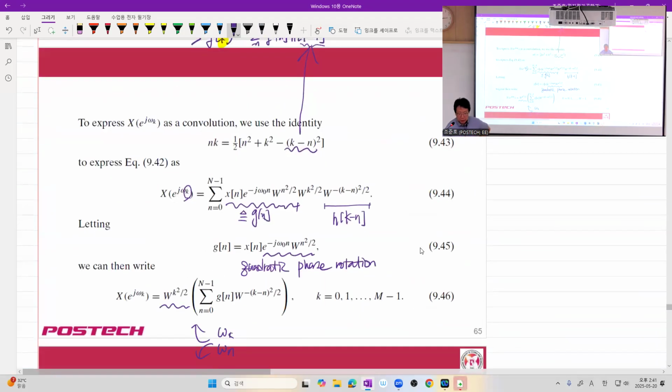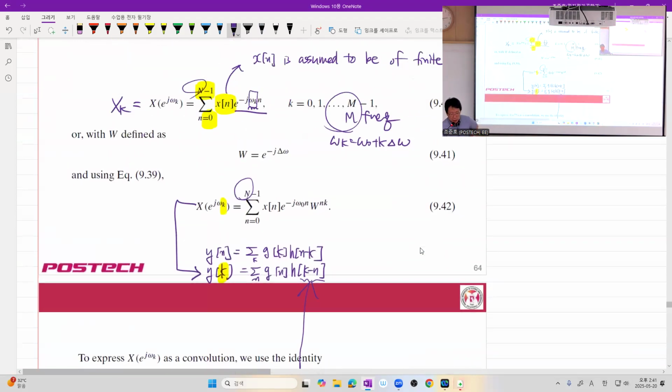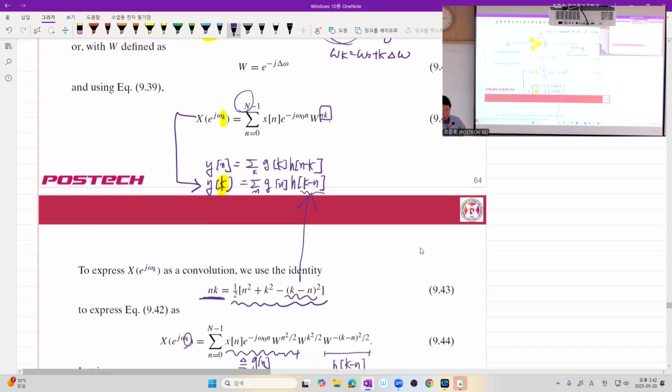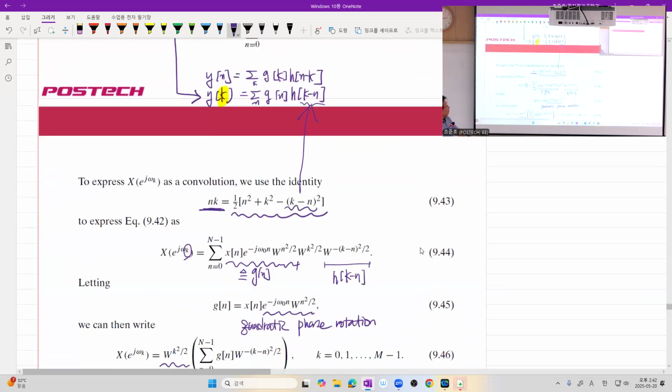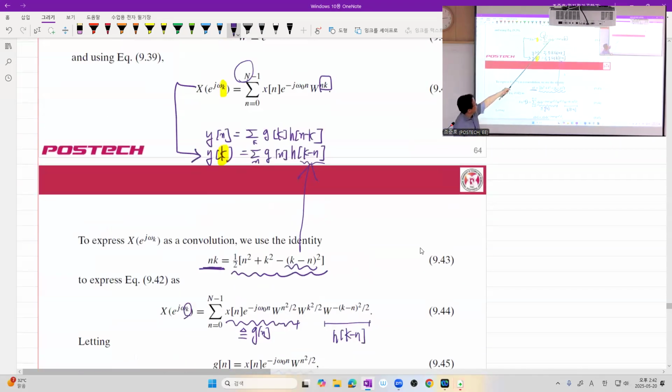So we plug this product, now rewritten in this form, where here. Got it? And if we rewrite the summand of the summation, we have x of n, as you've seen here.